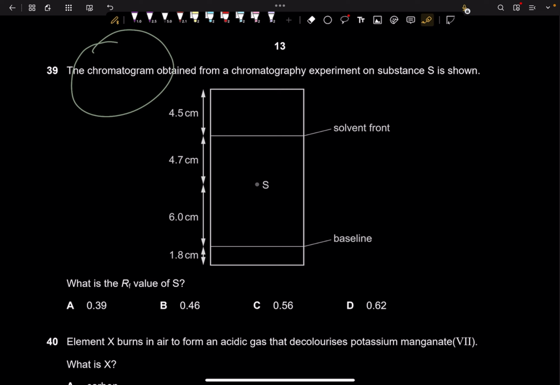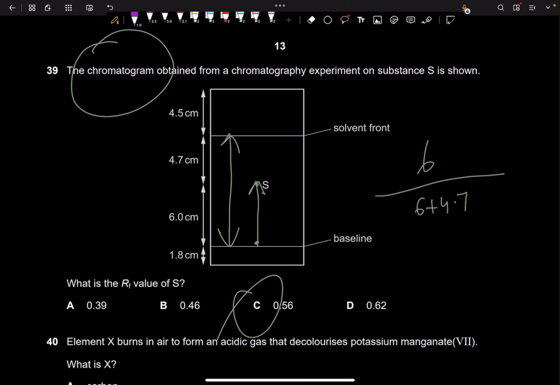Okay, let's calculate it. This is 6 plus 4.7. Okay, this is the distance. And then you calculate the distance from the baseline to S, which is 6. So just put it on your calculator. One is the entire distance, this one, and the other is just this distance. So 6 upon 6 plus 4.7 will give you 0.56. Option C. Moving on.